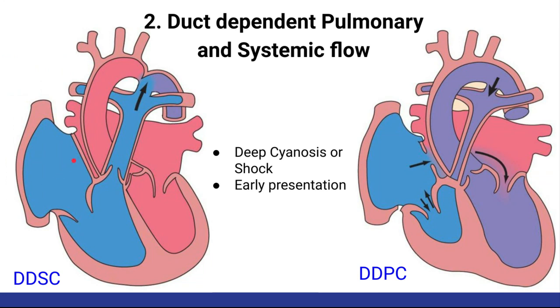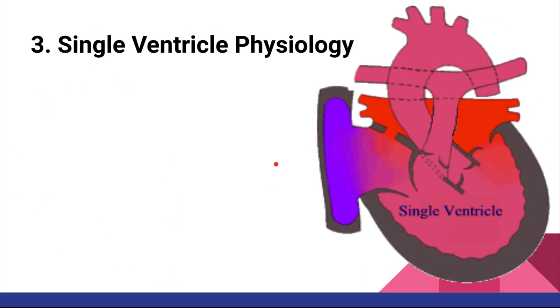And duct dependent systemic circulation will present with increased pulmonary blood flow, and duct dependent pulmonary circulation will present with decreased pulmonary blood flow and deep cyanosis, and duct dependent systemic circulation will present with shock and present early in life.